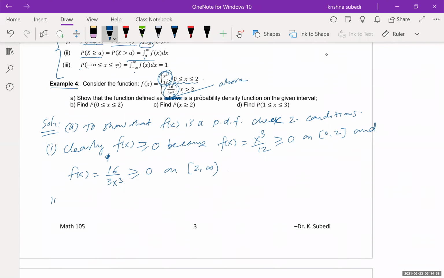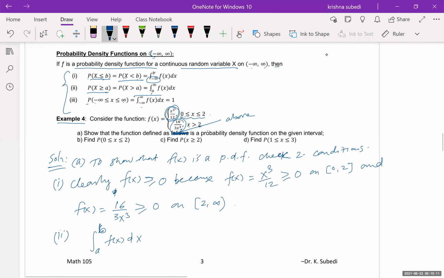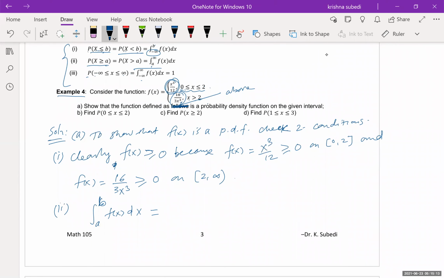Now, the second condition: the integral from a to b of f of x dx equals 1. That's what we need to prove. Let us take that. Notice that there are two pieces. So this will be piece number 1 from 0 to 2.